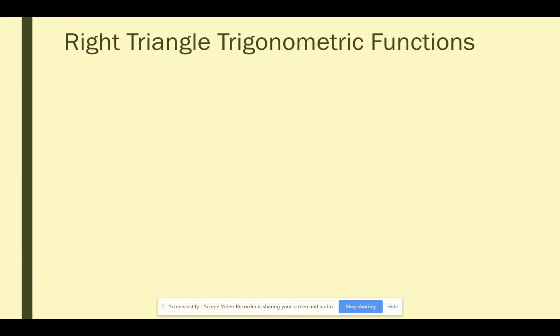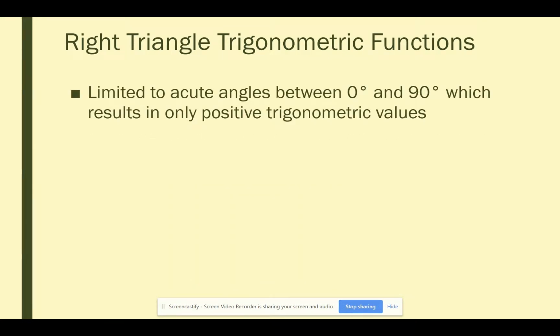A couple of things I want to point out. We've been focusing on the definitions of the trigonometric functions as they relate to right triangles. And one of the challenges with right triangle trigonometry is that you're limited to acute angles, which measure somewhere between 0 and 90 degrees.